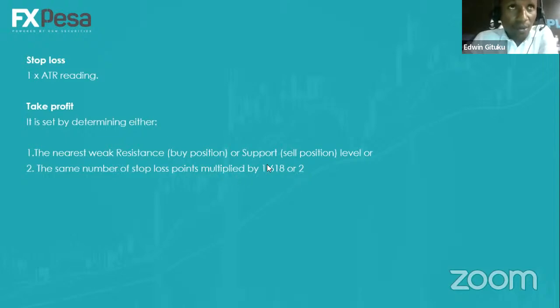So a risk reward of 1:2, basing it on ATR, or you can as well use the most recent support level in a case where you're looking to take a sell position, or if it is a buy setup, you can base your take profit level on the most recent resistance zone.